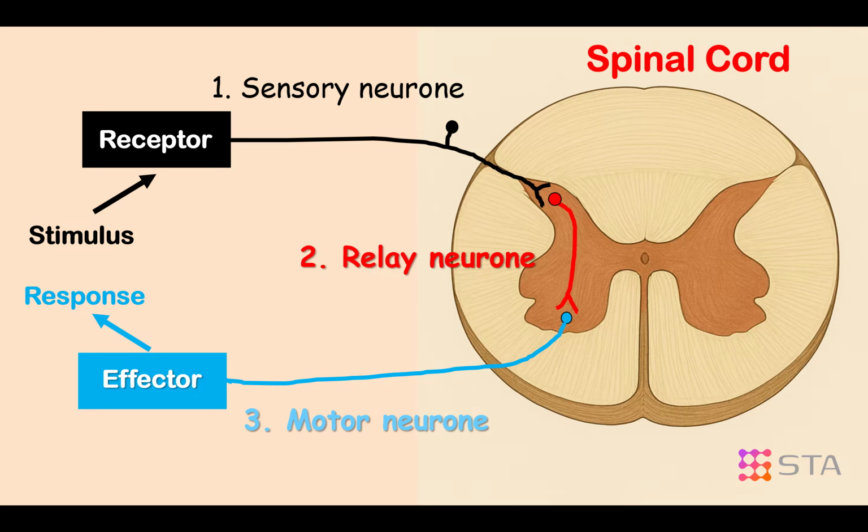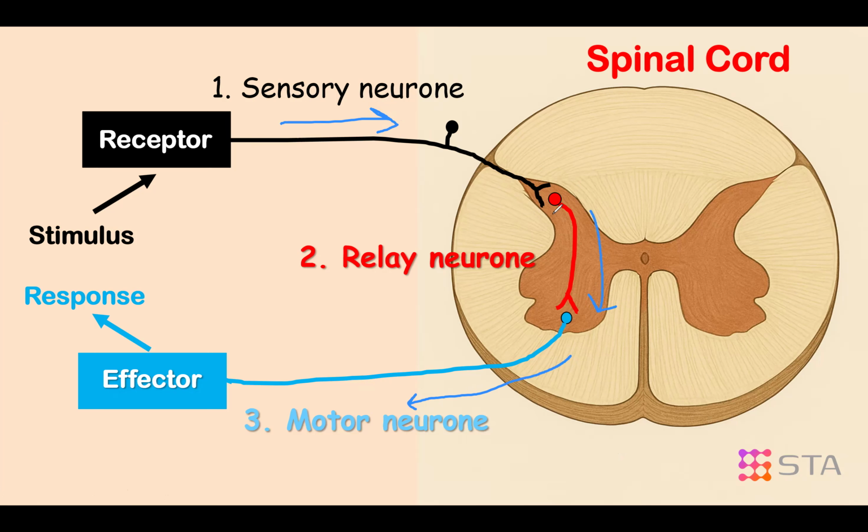So, sensory neuron first, then relay, and then motor neuron. The sensory neuron carries electrical impulses, we said, into the spinal cord. The relay neuron will connect to the motor neuron and pass the electrical impulses on. And then the motor neuron will take the electrical impulses away to the effector, which is a muscle or a gland.